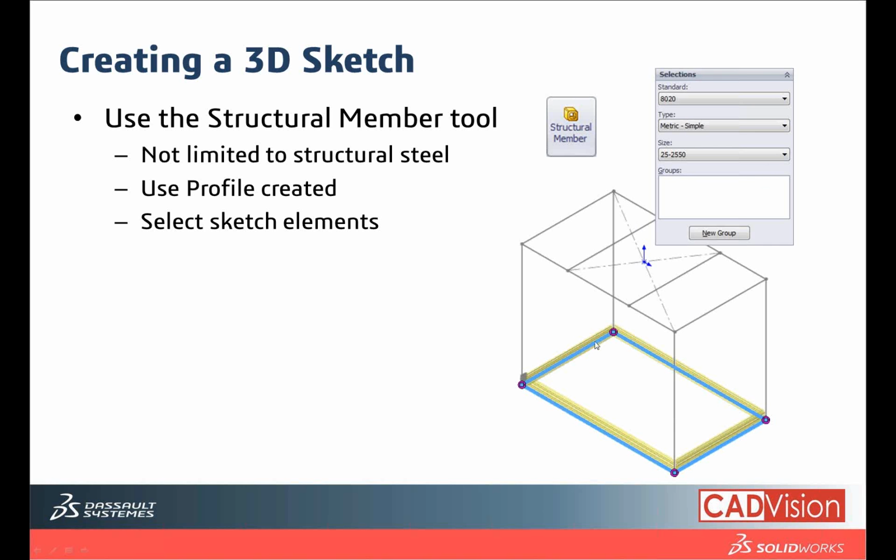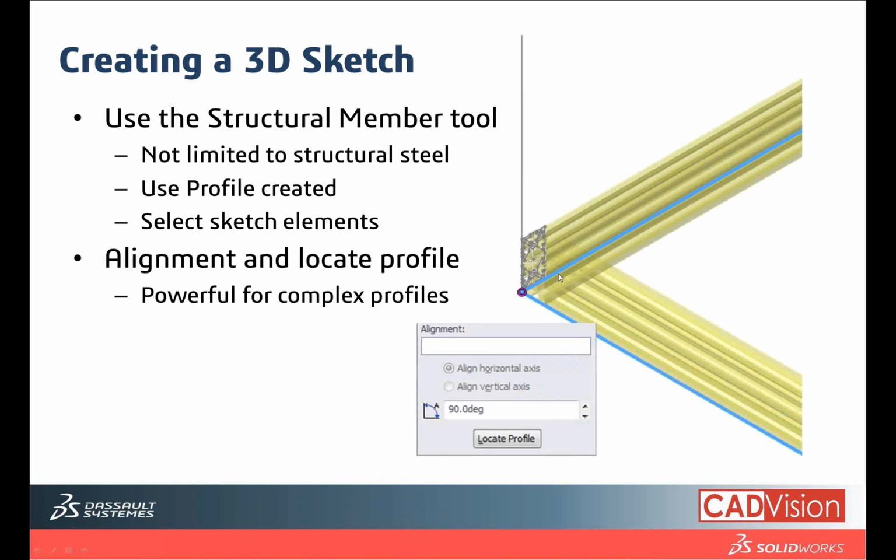Next we click on the frame, and if you zoom into it, it will prompt you with this particular profile. You will see the profile and a preview of the frame. You can rotate it accordingly to fit the position or orientation that you want, and then click on locate profile.